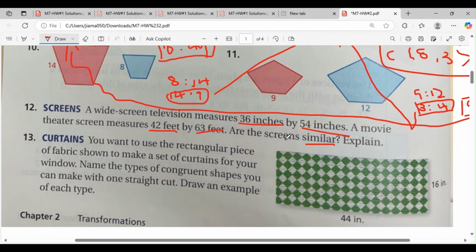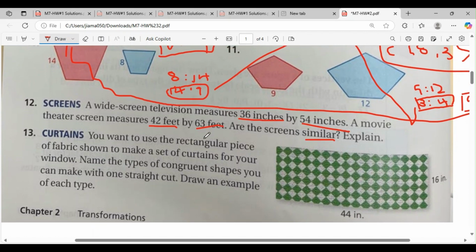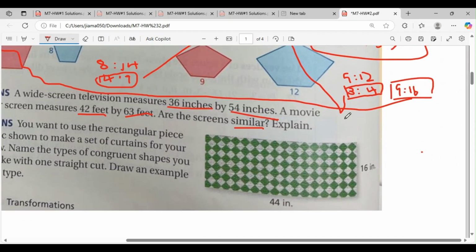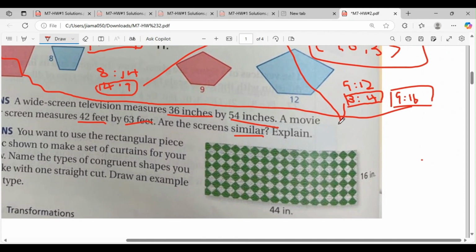Okay, so let's write here. One foot equals 12 inches.